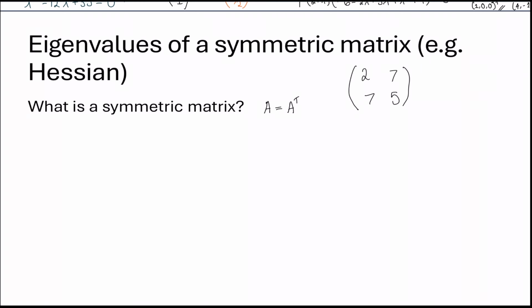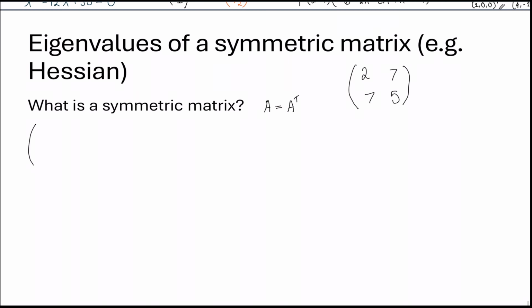Cool. An example of a symmetric matrix is a Hessian. When we calculate the Hessian, these two are always the same, hence a Hessian is always symmetric. Why that's important is that for a symmetric matrix, the eigenvalues are always real.